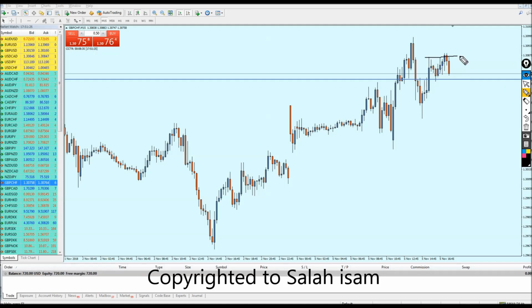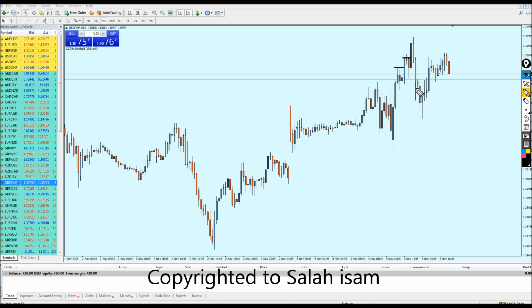I could have entered here, guys, because I can see that this is a breakout candle. So the next nearest resistance to the breakout candle is here. We have this resistance here. This is a resistance, and this also is a resistance. If you enter here, you would still be in profit.